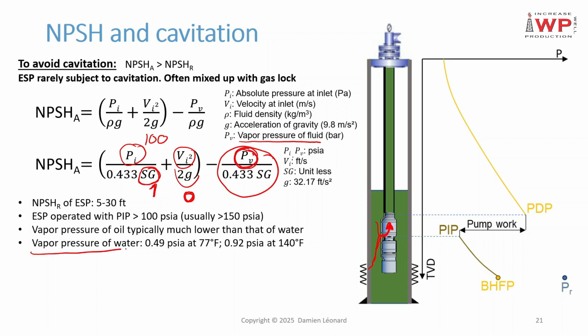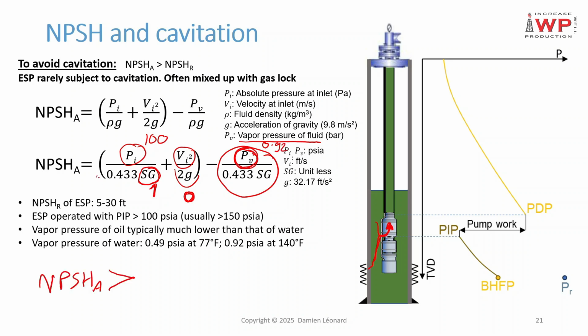So the vapor pressure of water is 0.49 psia at 77 degrees Fahrenheit and 0.92 psia at 140 degrees Fahrenheit. So when you are at 1000 meters or 3000 feet of depth, 140 degrees Fahrenheit is a quite common temperature. So we're going to take this value for the vapor pressure of the water. So here I'm going to use 0.92.